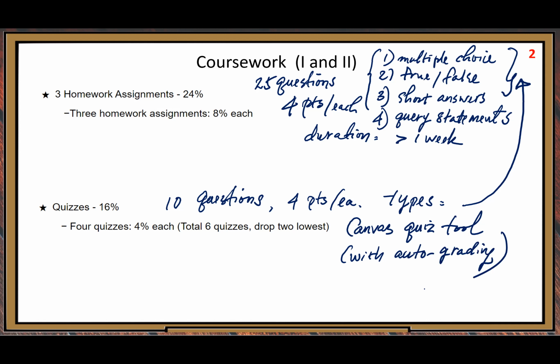Okay, yeah. When I set up a quiz, I need to type the correct answers. For each question, I need to type the answers. So the quiz tool basically just compares your response, your answers, with mine, then checks if it's correct or not.